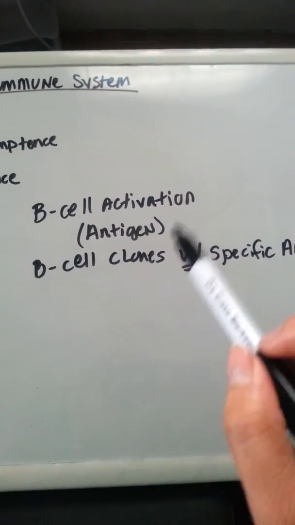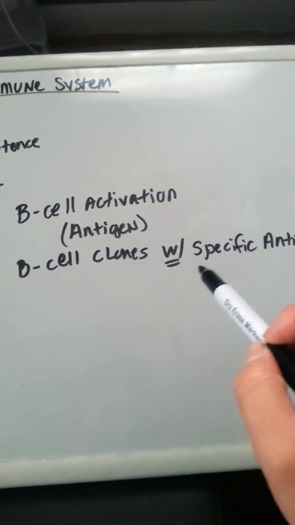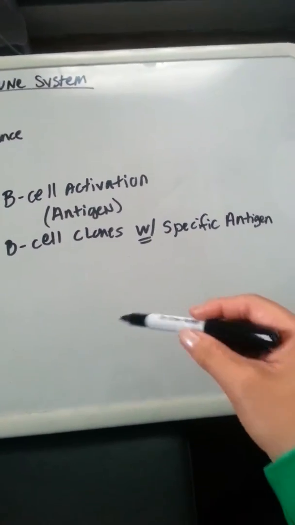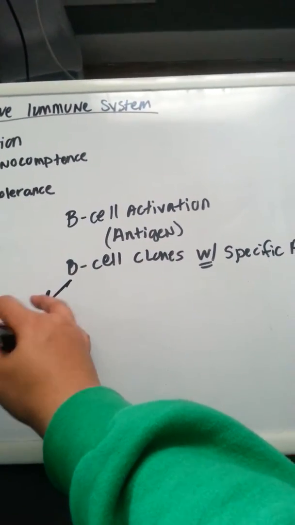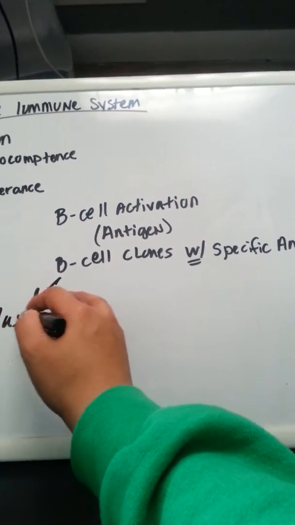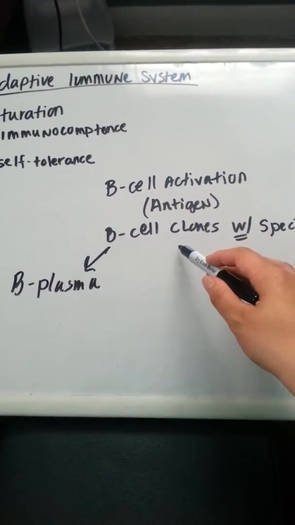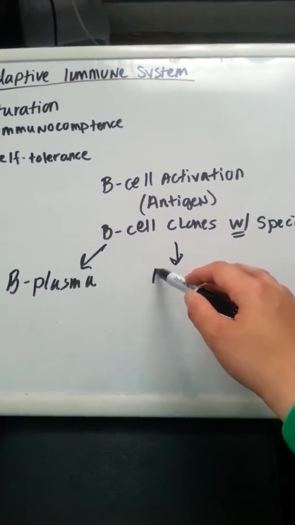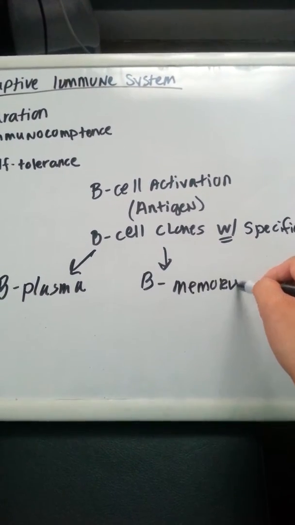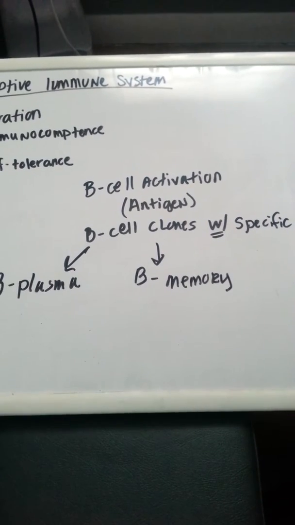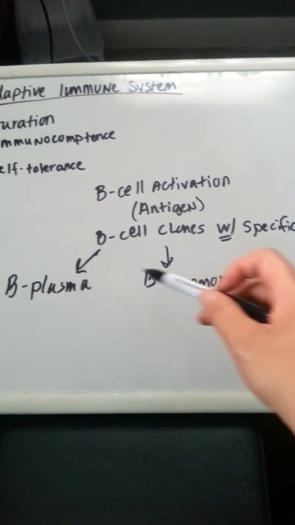So B cell activation means it has an antigen. B cell clones with specific antigen. Once it clones, it becomes B plasma or B memory.